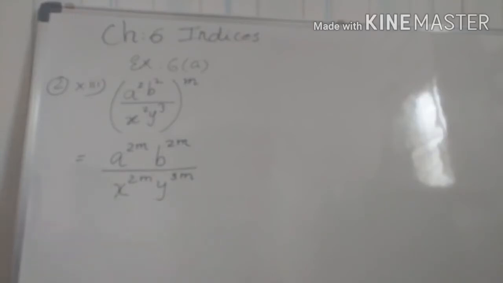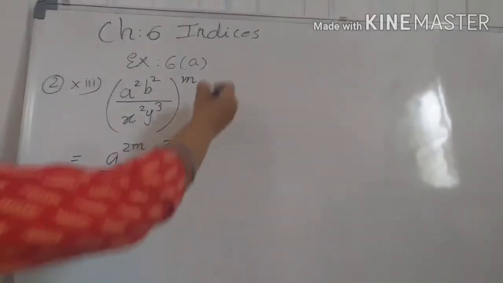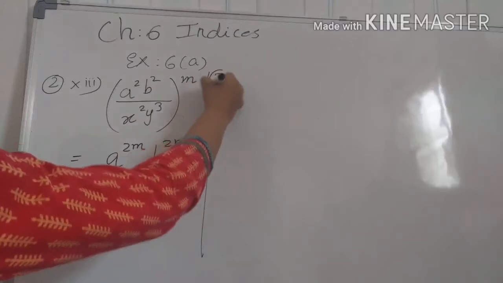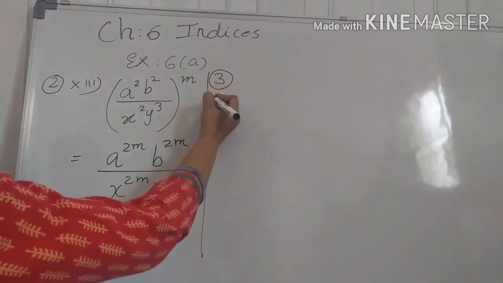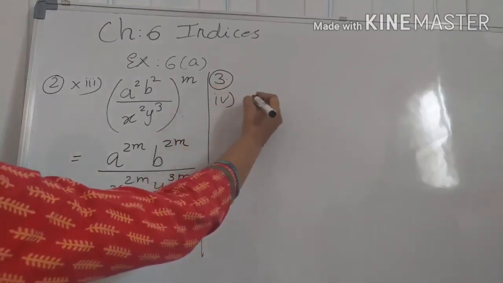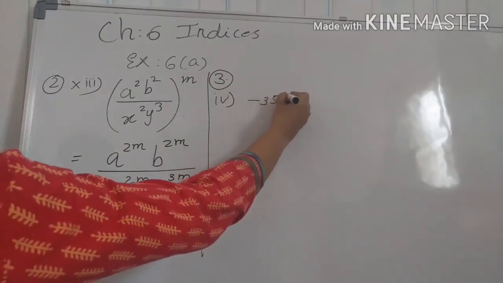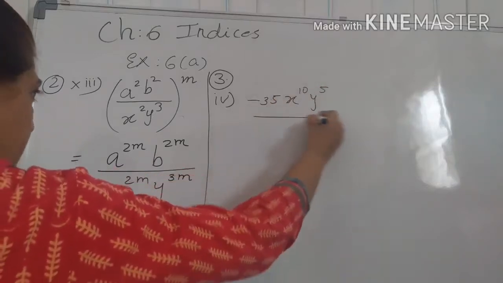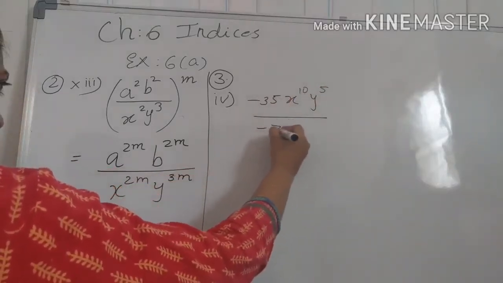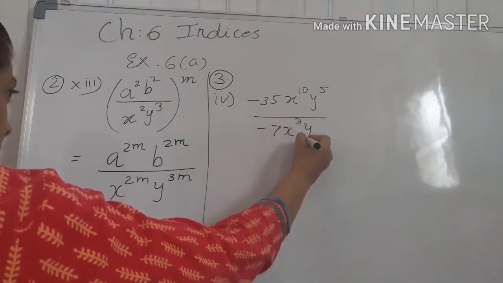Now let us take next question, question number 3, that is find the quotient. Here we will have division law. So first of all, taking question number 4. So here minus 35 x raised to 10 y raised to 5 divided by minus 7 x cube y square.